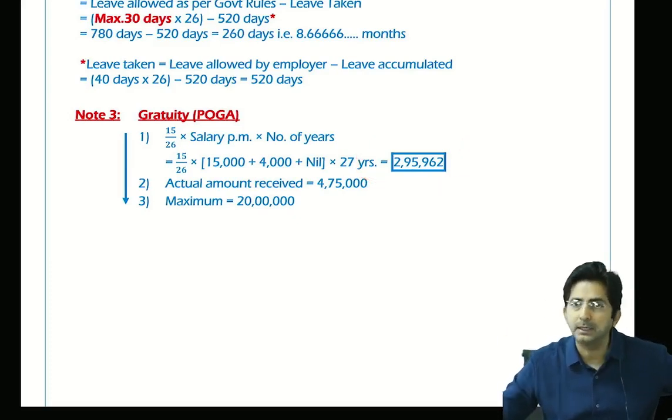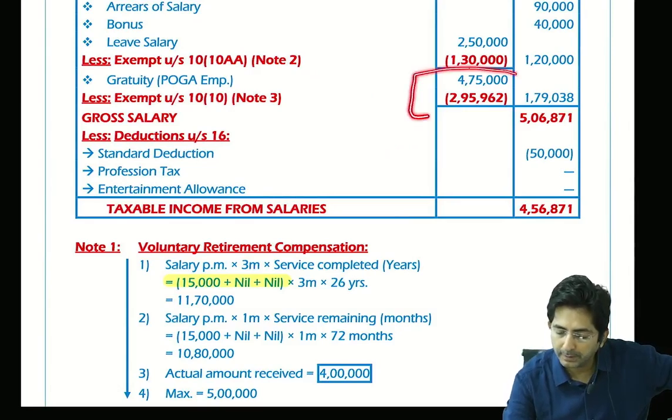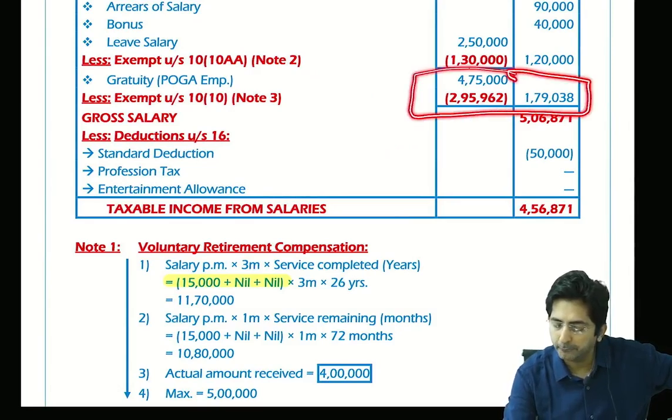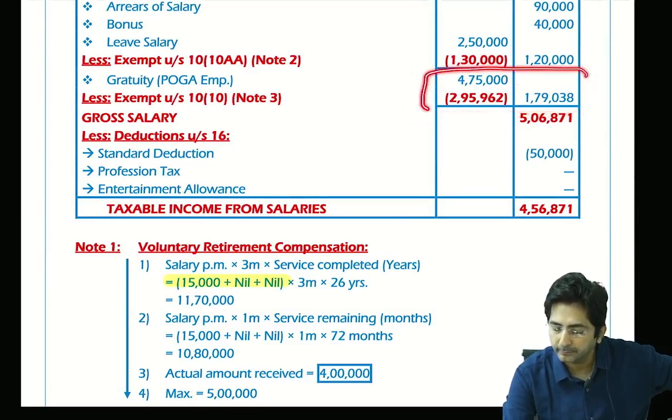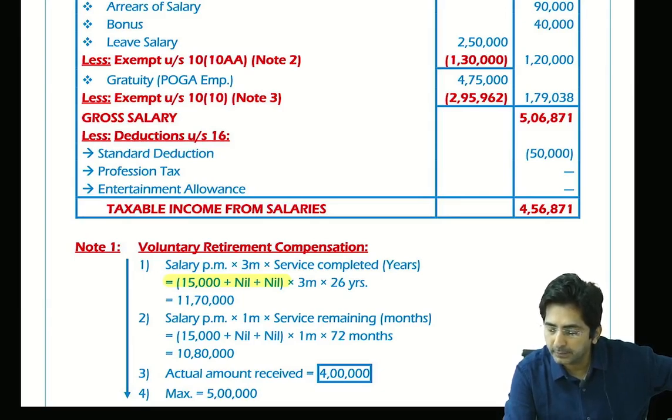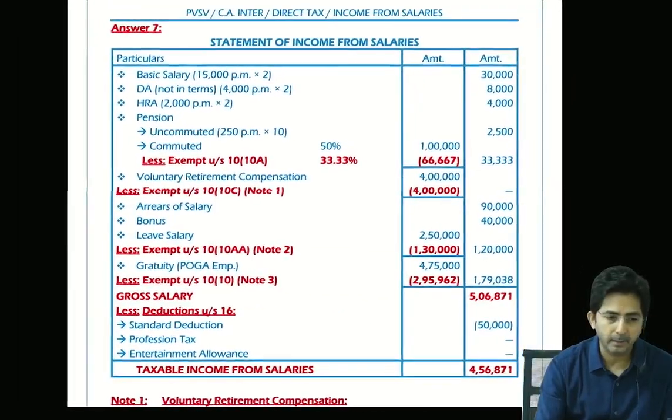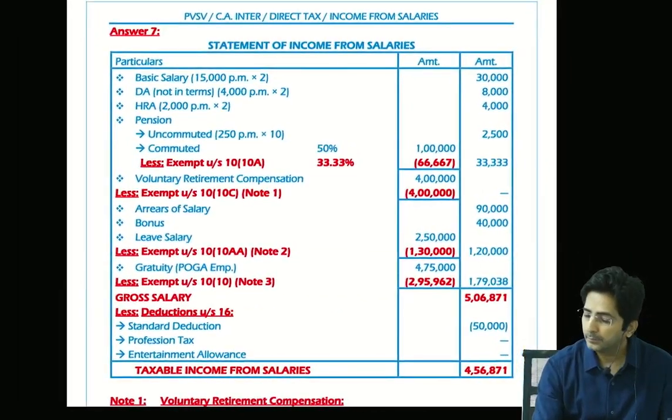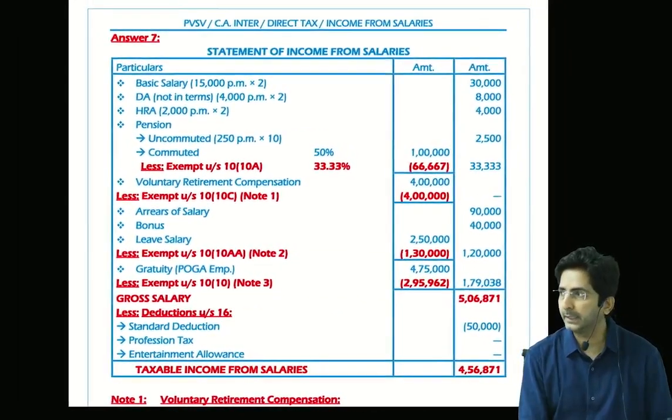This figure is only less. So accordingly, gratuity 4,75,000 minus 295,962. Getting? What is the gross salary? 506,871. Standard deduction 50,000. And entertainment allowance, profession tax 1 out there. So the final answer is 456,871.